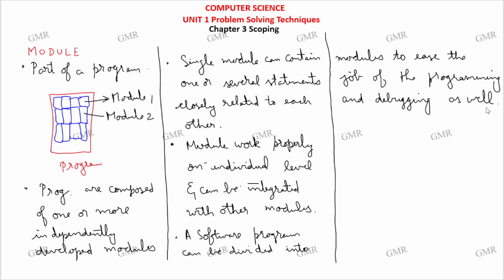A program can be divided into small functional modules. A module is a part of a program, and it can be independently developed.